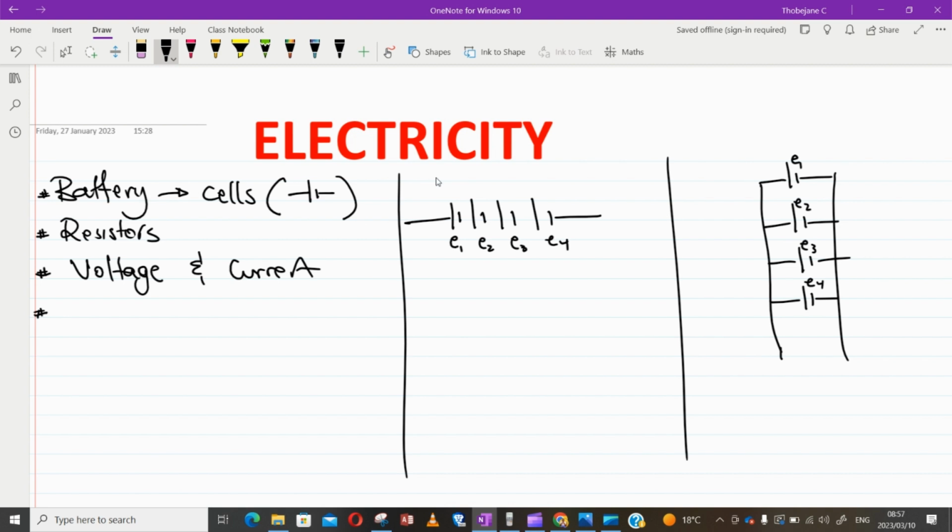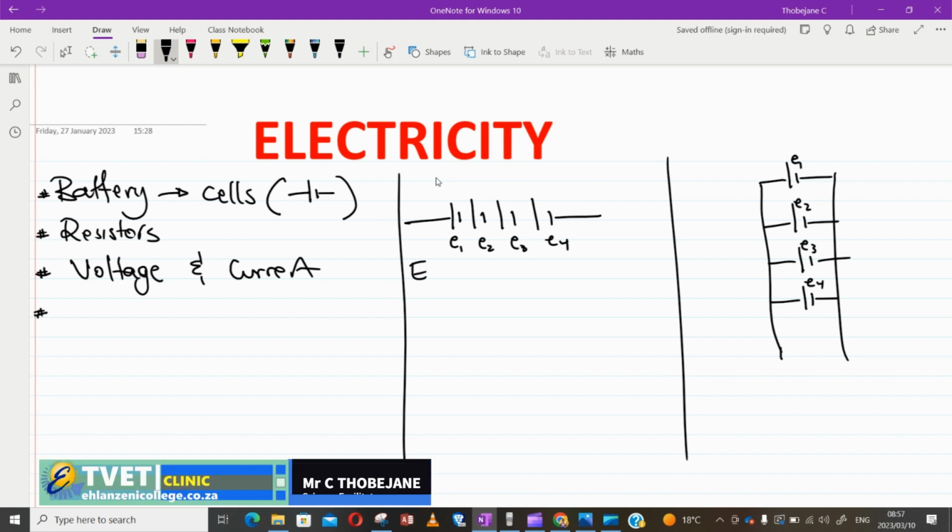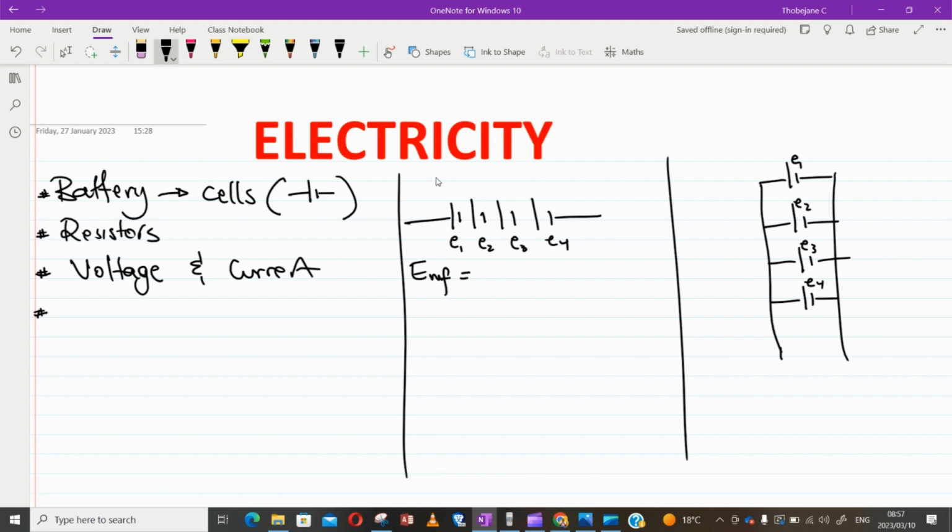Now, for us to get the total voltage present in this circuit for a series connection, we are going to calculate the total EMF by adding all these cells. It will be E1 + E2 + E3 + E4. If they continue, it's going to be En, depending on the number of cells you have.